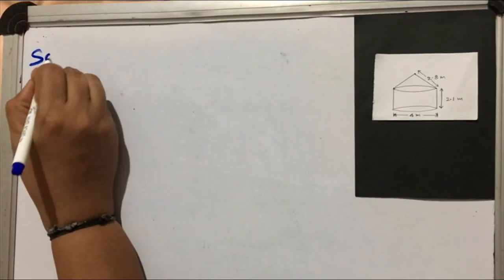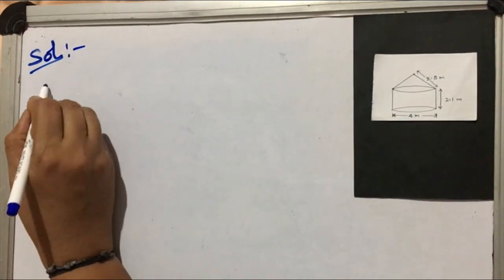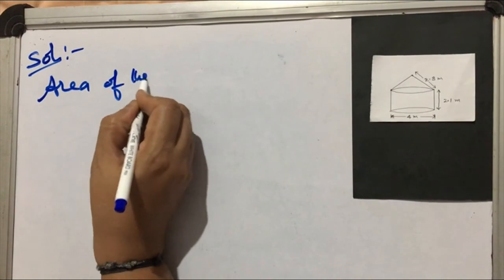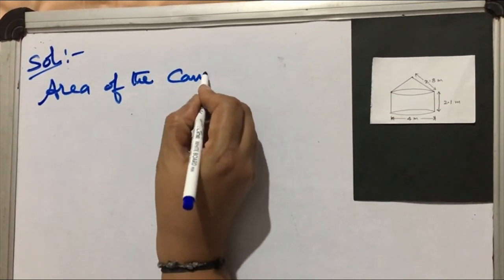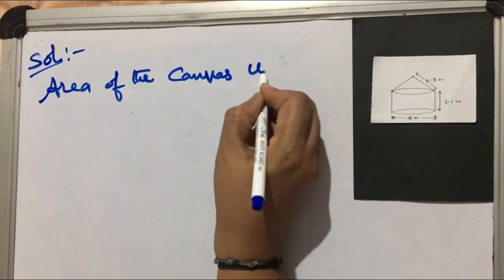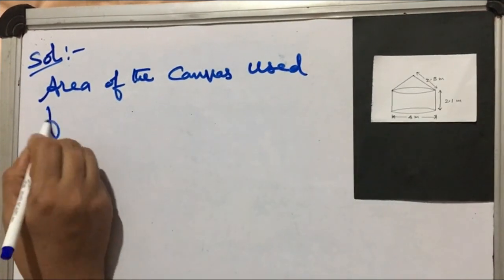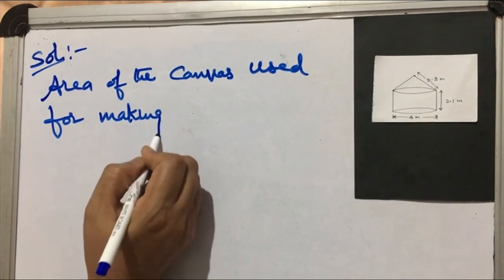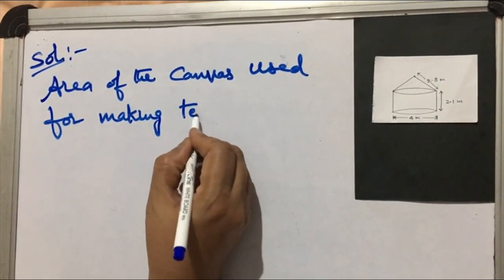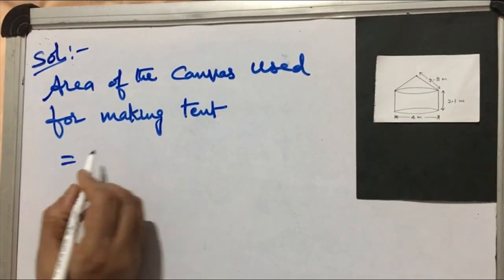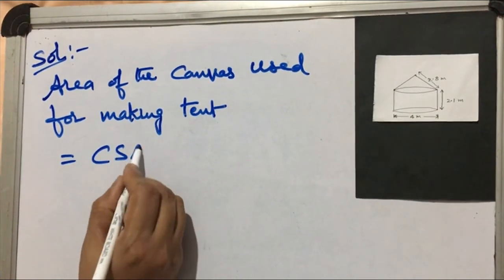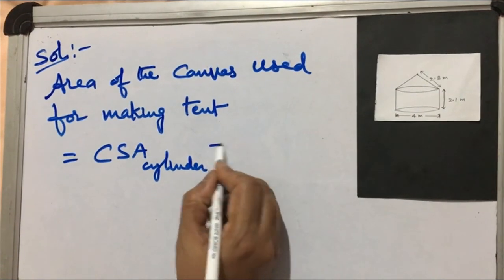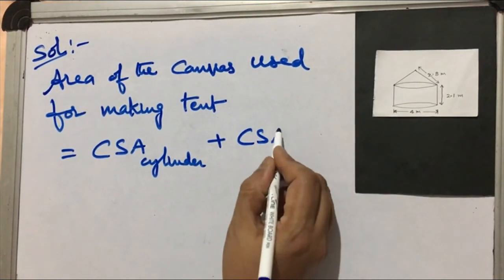So, it comes like that. Area of the canvas used for making the tent is equal to CSA of a cylinder plus CSA of a cone.